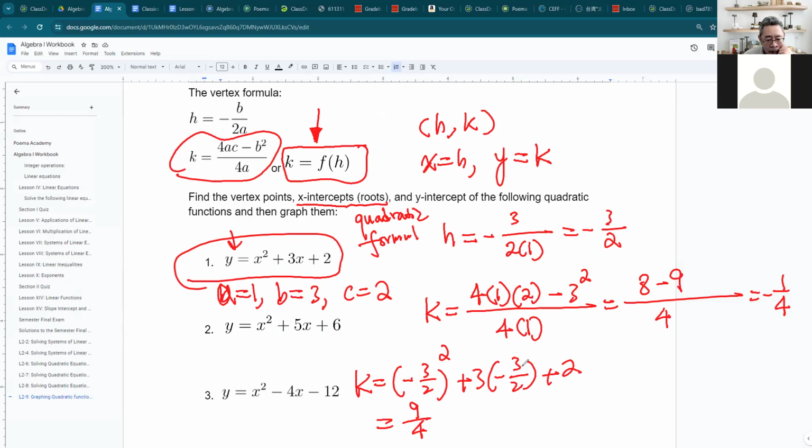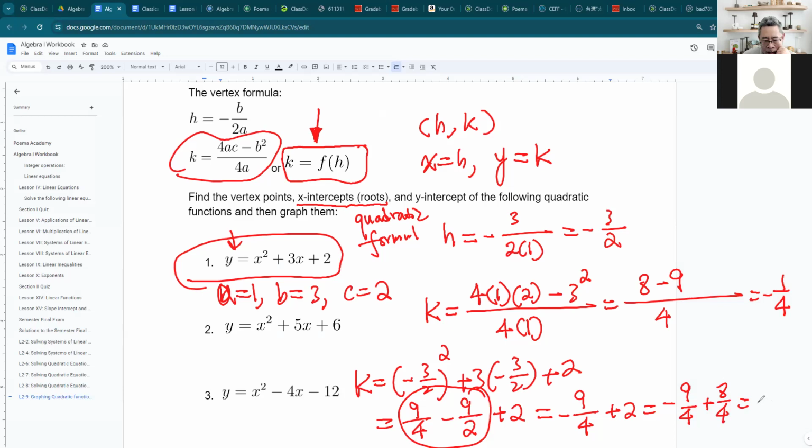We got 3 minus negative 4. And this one is negative 9 over 2, plus 2. So this will give us negative 9 over 4 plus 2. That will be negative 9 over 4, and 2 is 8 over 4. So therefore, we got negative 9 plus 8 over 4, which gives us negative 1/4. Good?